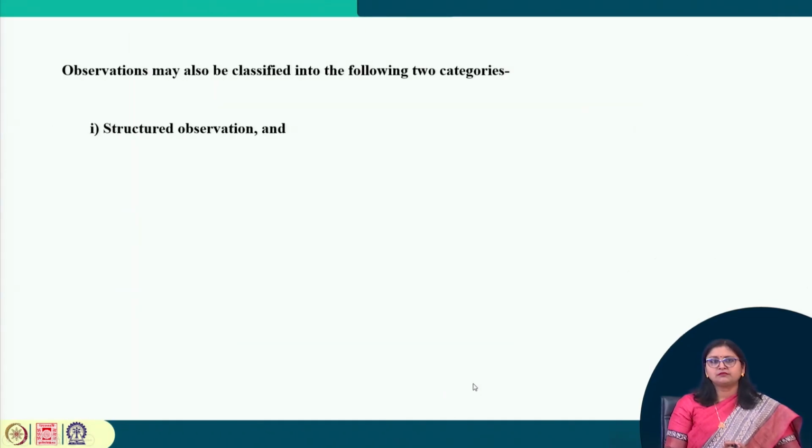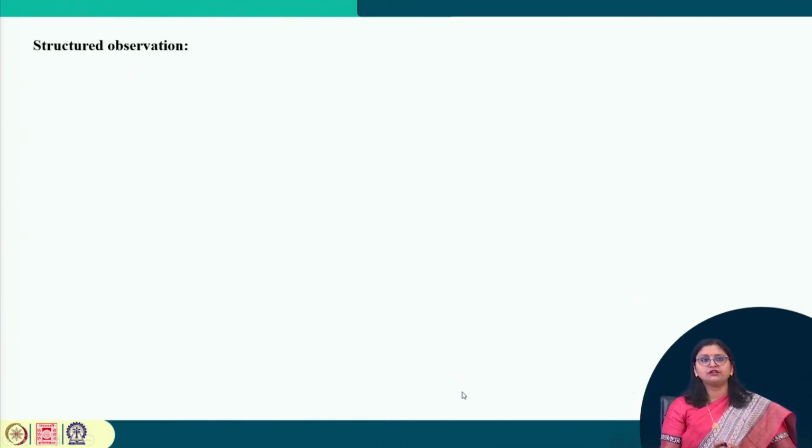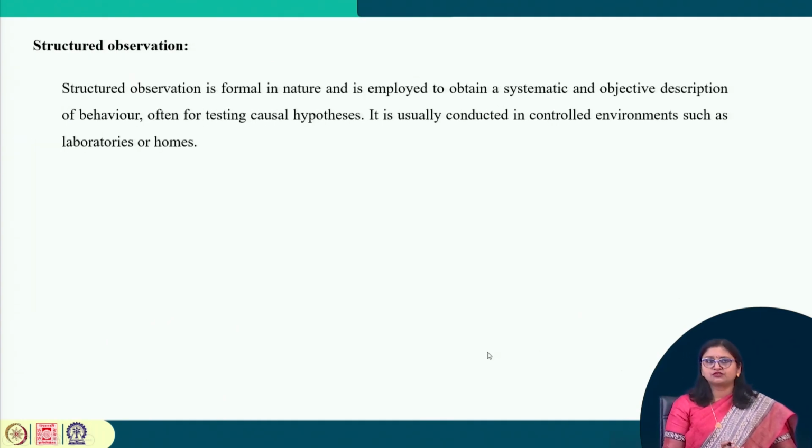Now, observation may also be classified in two categories related to procedure, like structured observation and unstructured observation, similarly to how we have structured and unstructured interviews. A structured observation is formal in nature and is employed to obtain a systematic and objective description of behavior, often for testing causal hypotheses.